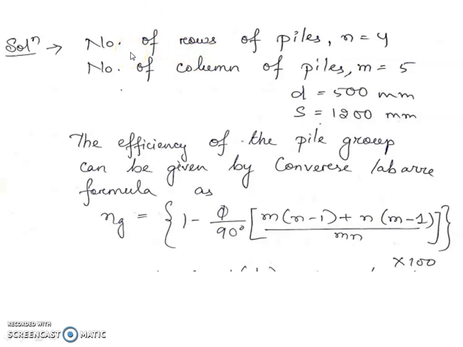So from the problem, the number of rows of piles, that is n, is equal to 4 and number of columns of piles, that is m, is equal to 5. The diameter is 500 mm, spacing is 1200 mm, and the efficiency of the pile group can be found out by using the Converse-Labarre formula, that is eta g equal to 1 minus theta divided by 90 into m into bracket n minus 1 plus n into bracket m minus 1, whole divided by mn, into 100.